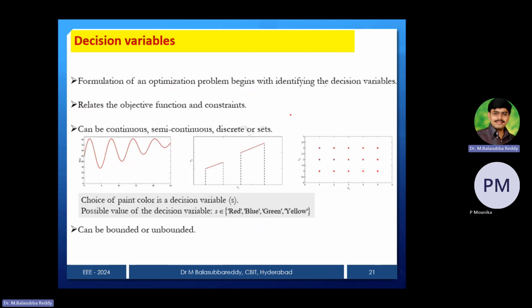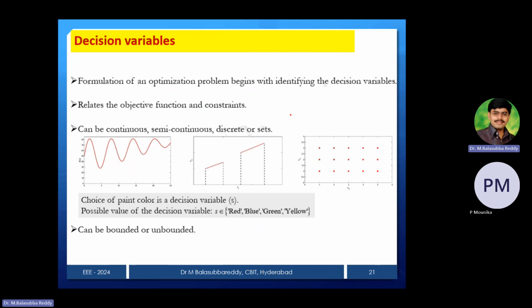That's one thing. Another thing is that there are some definitions, also called parameter names. You can remember the decision variable. In any optimization problem, while we are formulating it, we begin with identifying the decision variables.